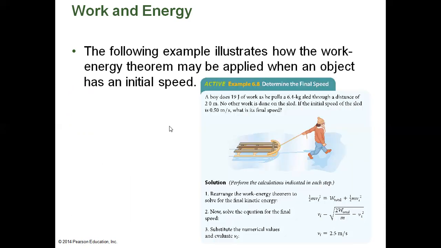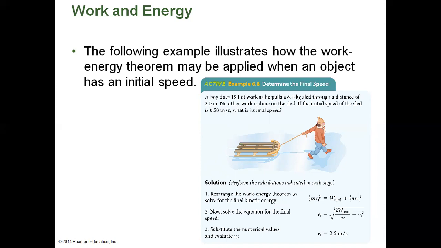The following example illustrates how the work energy theorem may be applied when an object has an initial speed. In the previous example, the initial speed was 0, but now there is a certain initial speed.